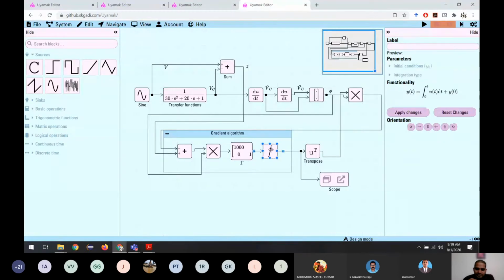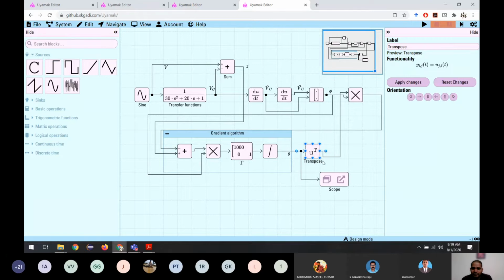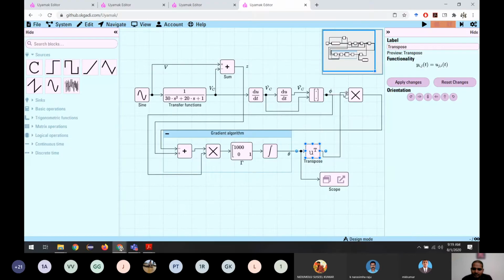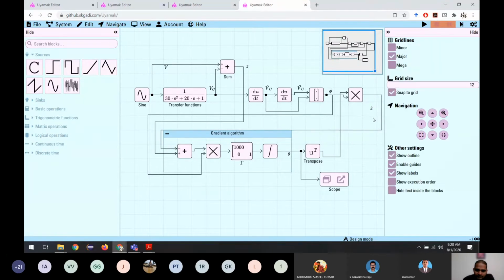So let us say we are estimating theta here. If we have theta, what we have here is theta transpose. If we multiply theta transpose times phi, what we get is the Z estimated, Z cap.